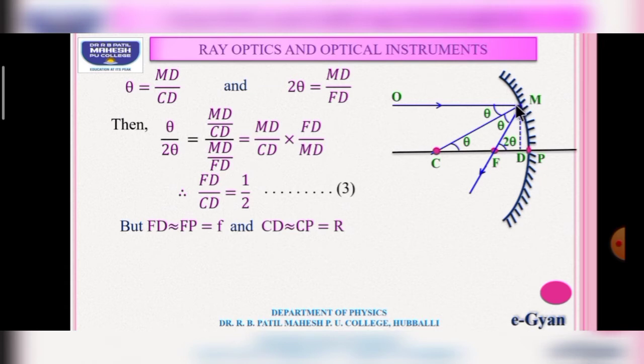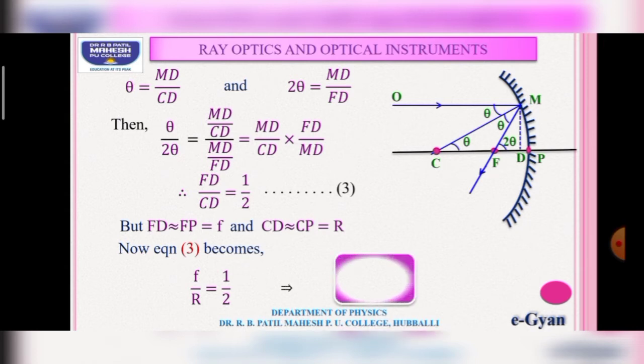Because the aperture is very small, the distance between D and P will be negligible, hence we assume that FD is approximately equal to FP, that is equal to the focal length, and CD is approximately equal to CP, that is equal to R. Putting these values in equation 3, it becomes F by R is equal to 1 by 2. Therefore F is equal to R divided by 2.